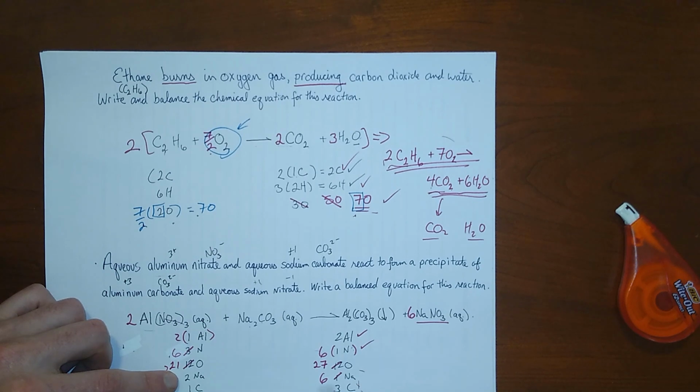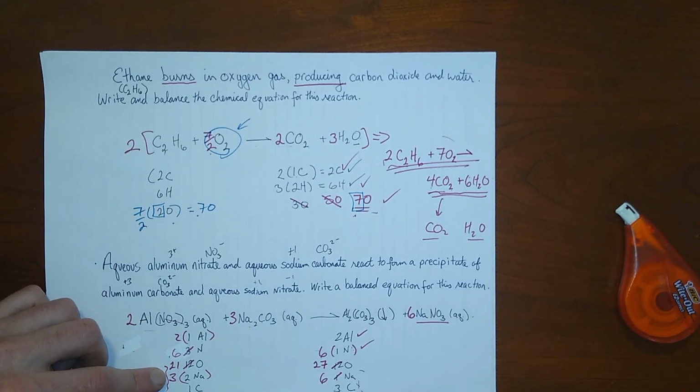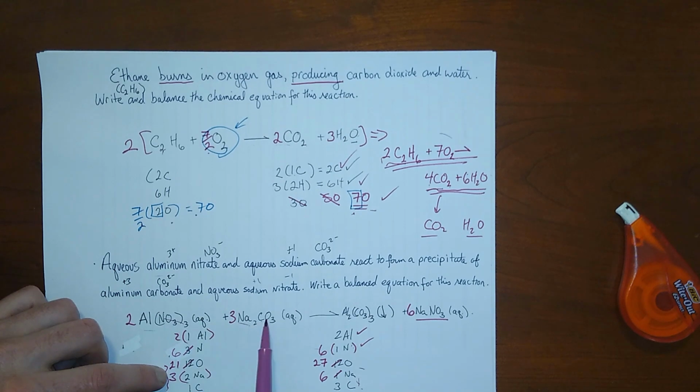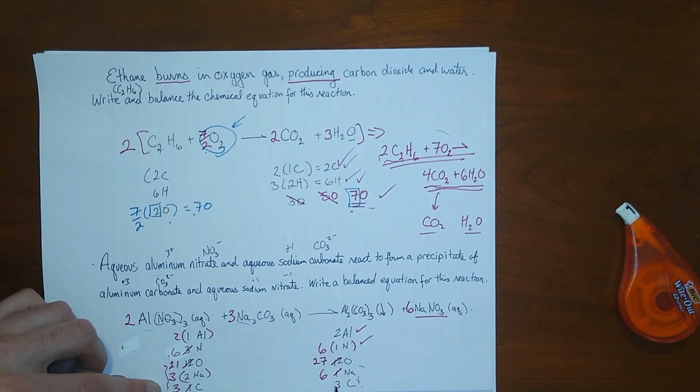So I'm going to work on converting this to these. So if I have 3 sodiums on this side now, that gives me 6 total, but I also changed the number of carbon to 3, which is good because that's what I wanted on this side. So actually I balanced the carbon at the same time as the sodium.